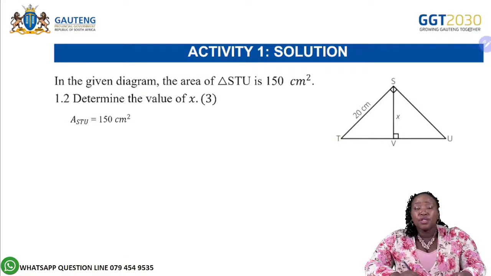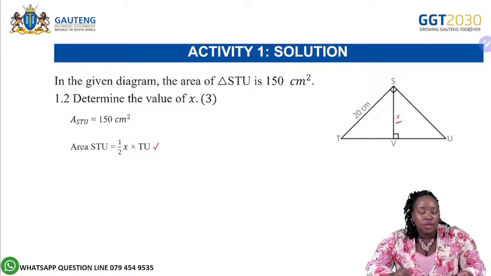So triangle STU has an area of 150 centimeters squared, right? So the area of STU is going to be equal to half base times height. Now we are going to use which one is our height? SV, which is the length X. Okay, that's the height we are using this time.